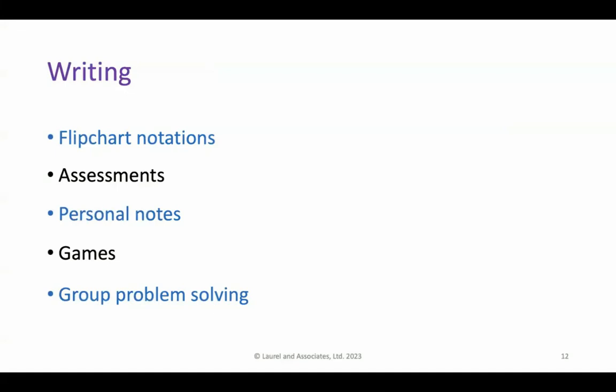Then group problem solving. Of course, it could be a case study, it could be anything. Here, there's one, and I'll be mentioning these in later sessions, but envelope pass, where if at the end of a session, there are still some issues or challenges that people have raised that have not been discussed.